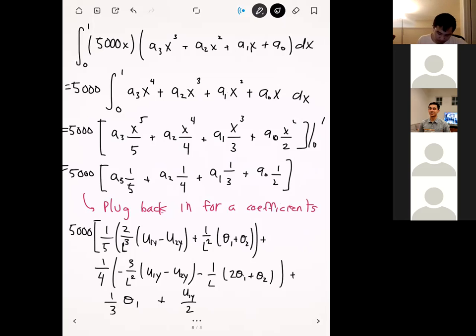And so we end up with this expression here. I know it's a lot, so I'll give people a second to write it down. While people are catching up, are there any questions on this?